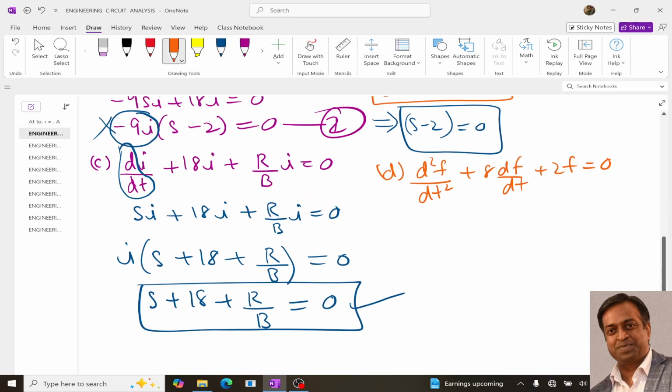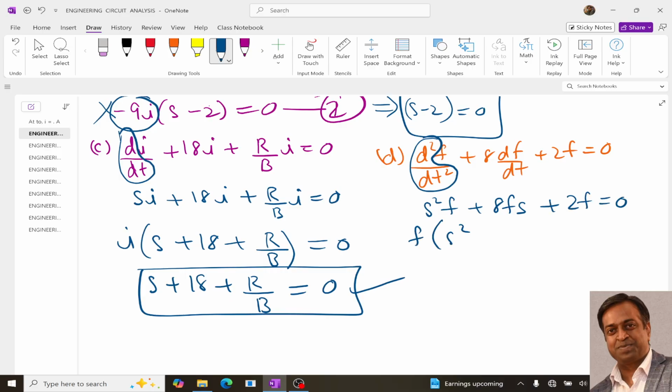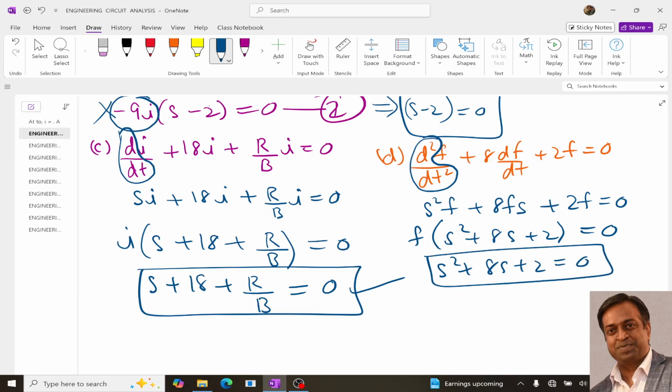Now again over here it is d square f by dt square, so it will be replaced with s square f, plus 8fs plus 2f equal to 0. Taking f as common, we will get s square plus 8s plus 2 equal to 0. This is the characteristic equation for part D.